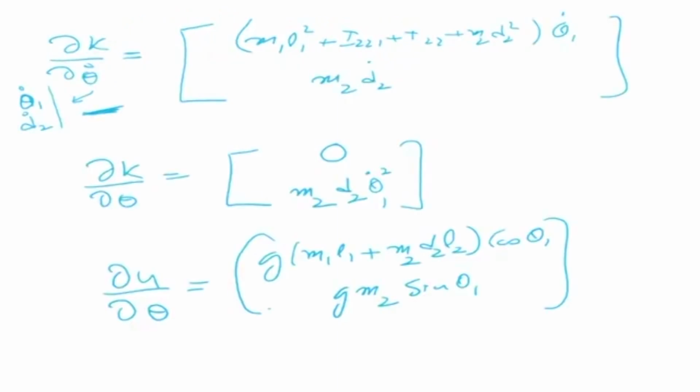Here, if I do d/dt, theta 1 dot will become theta 1 double dot, and d2 dot will become d2 double dot. But note very carefully that there are two variables: theta 1 is there and d2 is there, both are variables. So when you are differentiating, you have to differentiate first with respect to theta 1 dot, then with respect to d2.